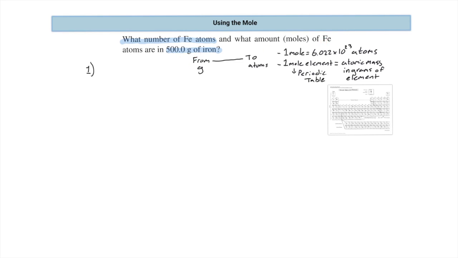So really, it makes sense to do this in two steps. And to actually do this problem first. And you'll see why. So we're going to still convert from grams, but we're going to convert to moles first.